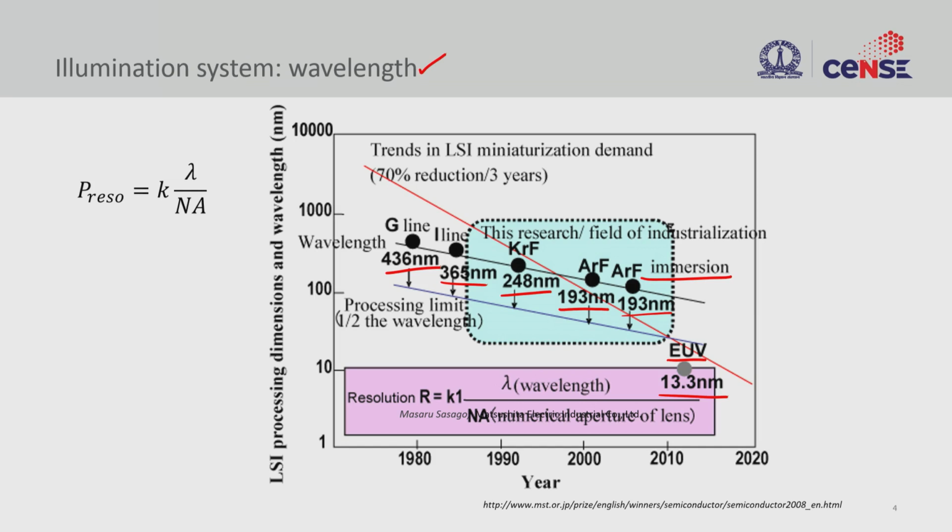So as a takeaway from this slide, we are reducing the wavelength in order to achieve resolution. But there again there are challenges, not just reducing the wavelength, but the associated resist, lens and other optics should also evolve. So in this case the resolution, we are only attacking lambda. So we are trying to reduce your lambda so that we can reduce your pitch.